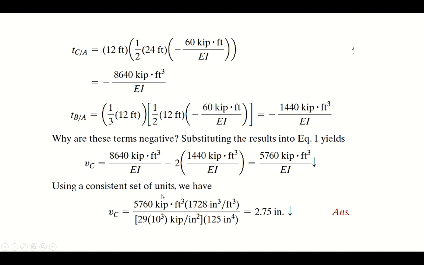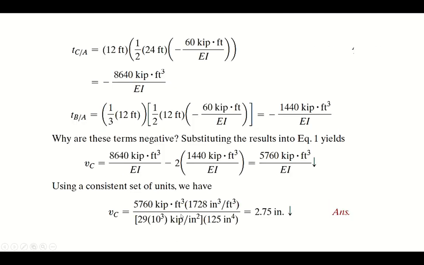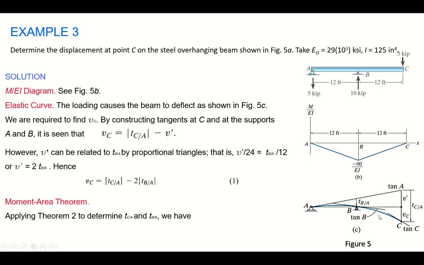Using a consistent set of units and putting the values of E and I, we will get a value of 2.75 inch deflection in the beam at point C. So mu C is 2.75 inches at this point because of this 5 kip point load applied at the free end of this 24 feet beam.